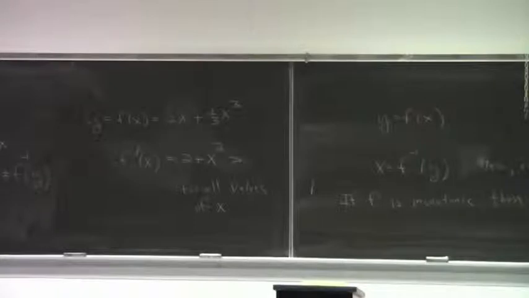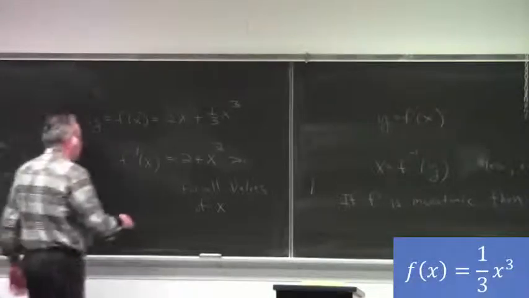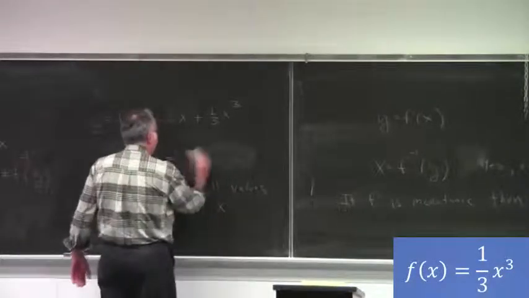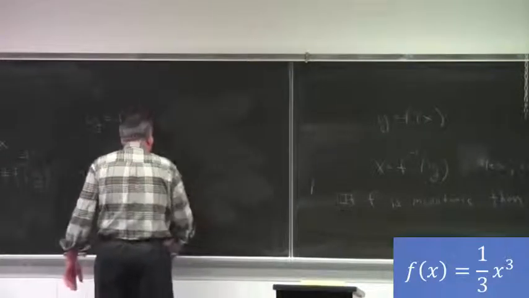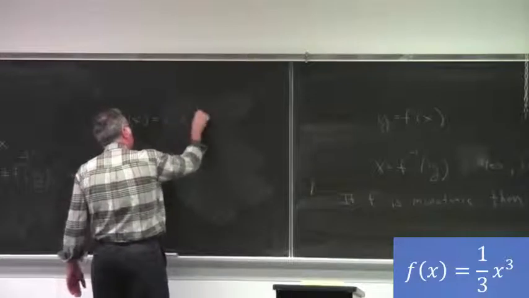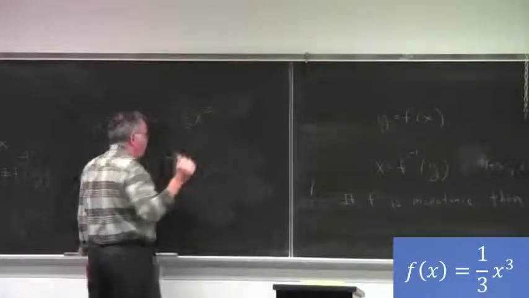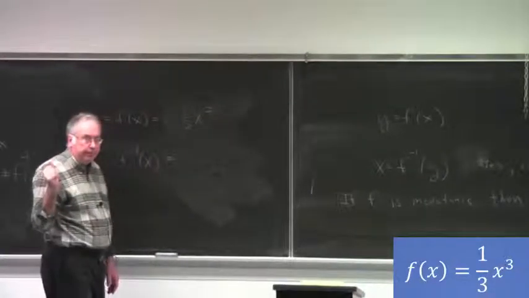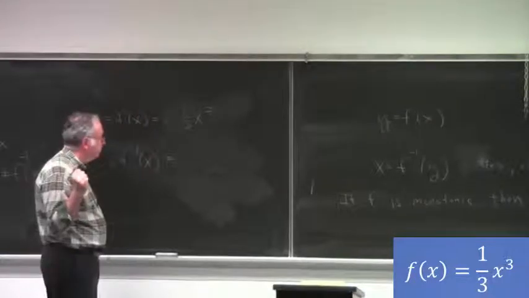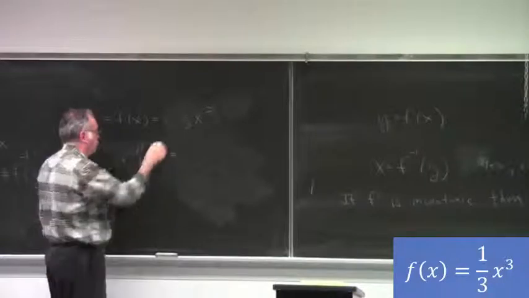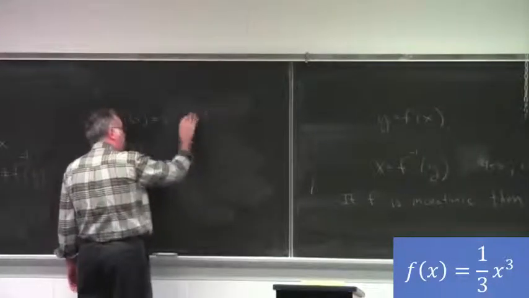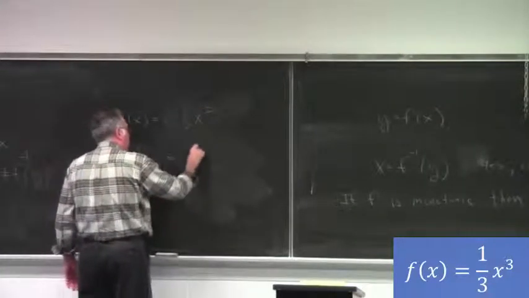You would have a minor problem here if I change this to be this. Now f prime of x is what? It's just going to be x squared. Multiply the 3 times the one third, you get x squared.